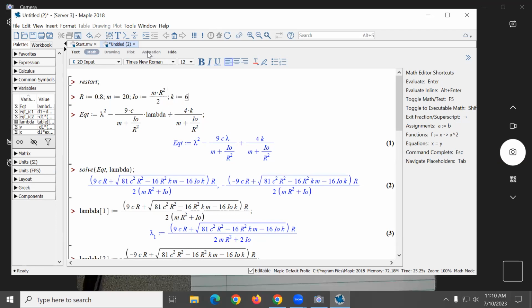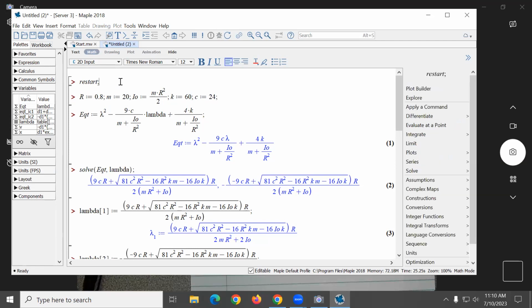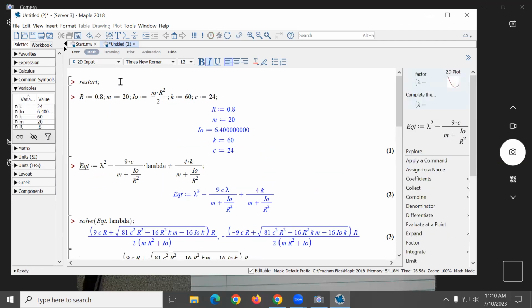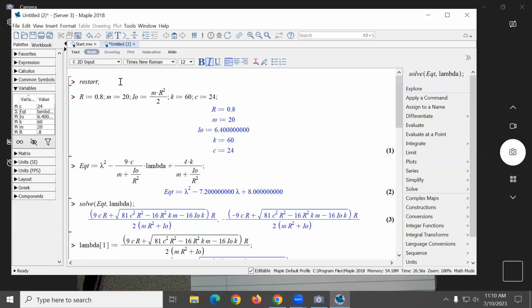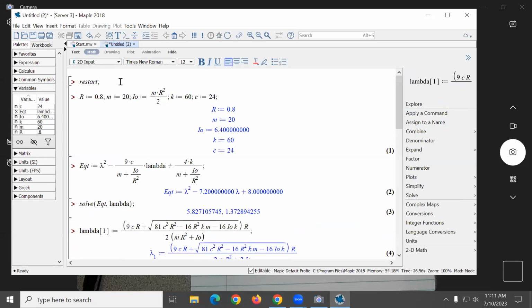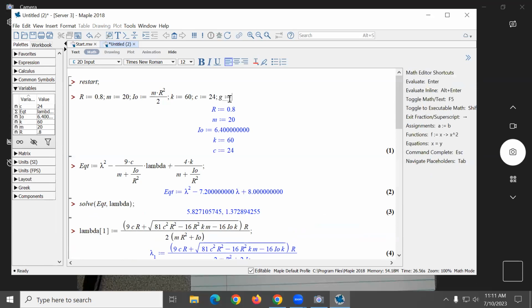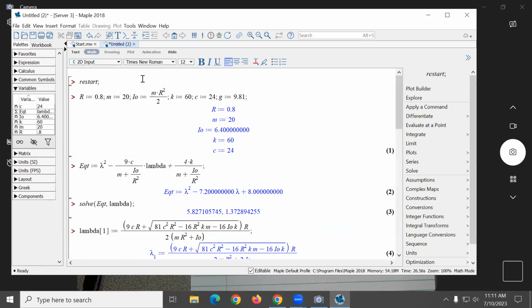K equal to 60 and C equals 24. Should become a lot easier, no? G equals 9.81. Thank you. We can restart.